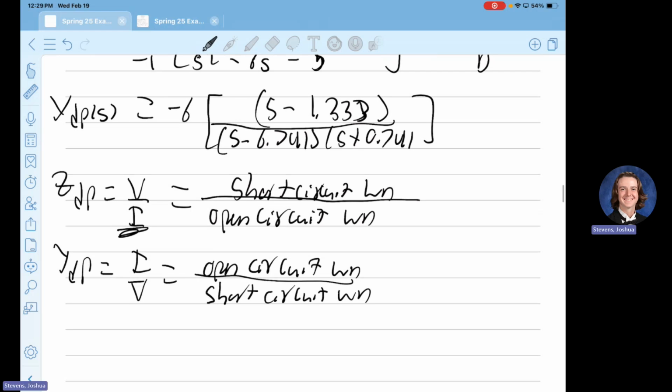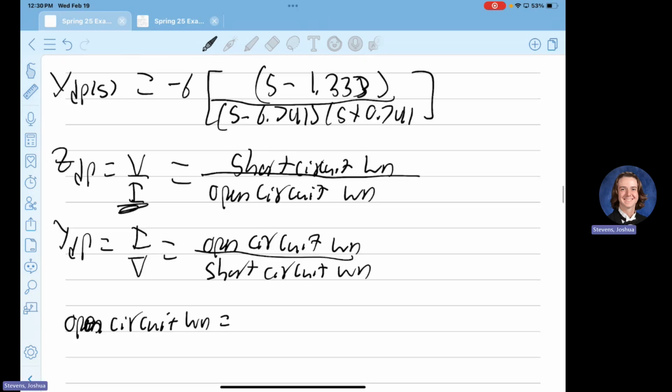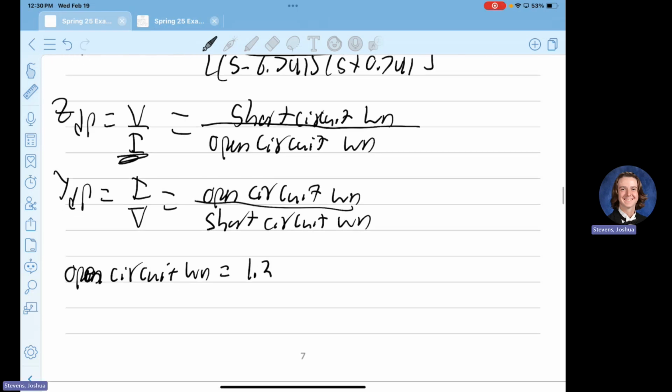So what is our numerator in this case? Is it our short circuit or is it open circuit natural frequency? The fact that we're using driving point admittance. Is it short circuit or open circuit? Our numerator. Open circuit, exactly. Your open circuit omega n equals 1.333 rad per second.